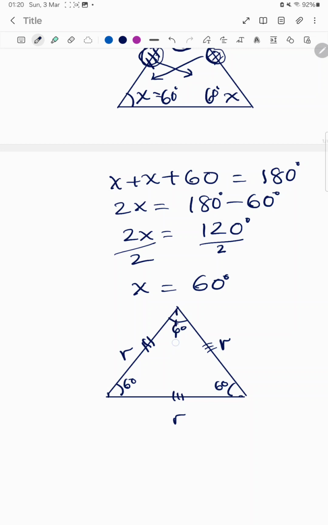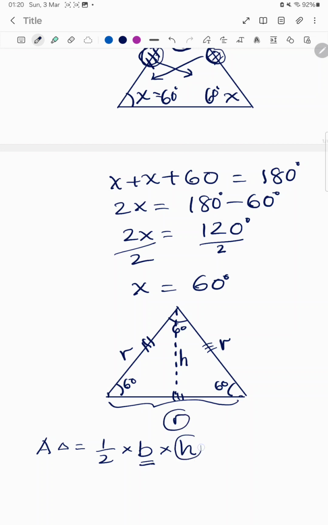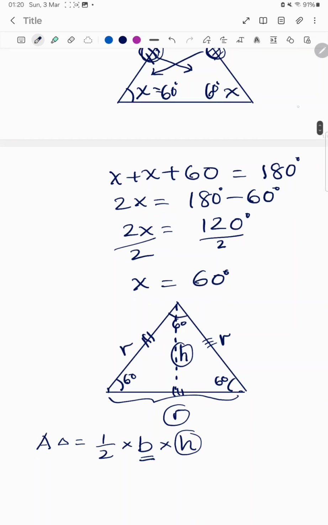Let's just find out the value of the altitude h here, and that will help us to decide on the area of this triangle, which is going to be half times the base times the height. This base is the radius, this height is the one which we are going to find out using the Pythagoras theorem.